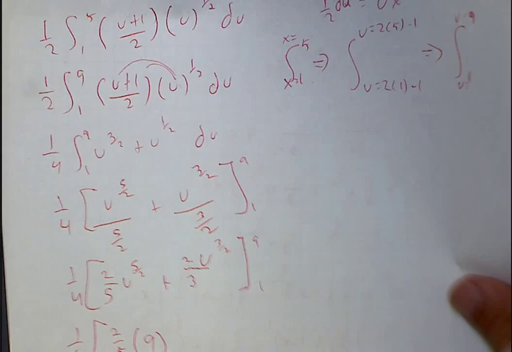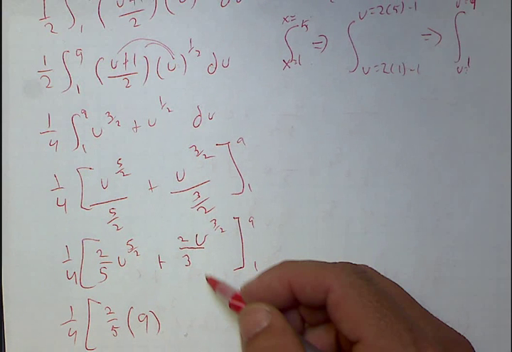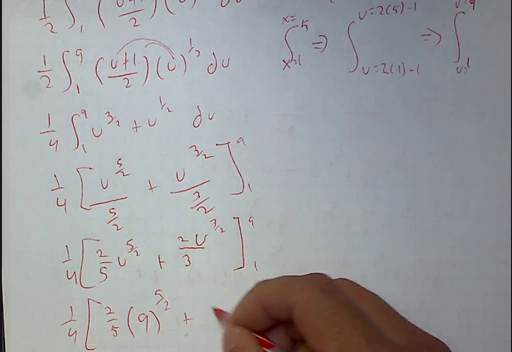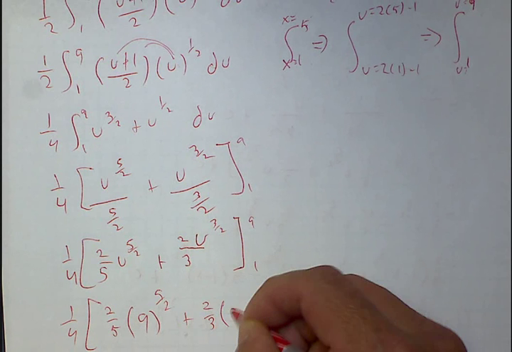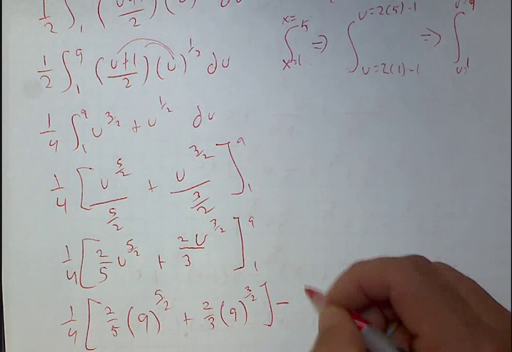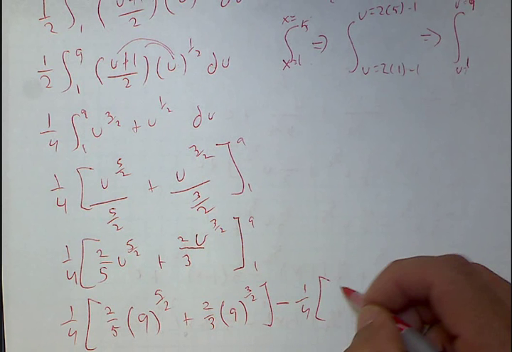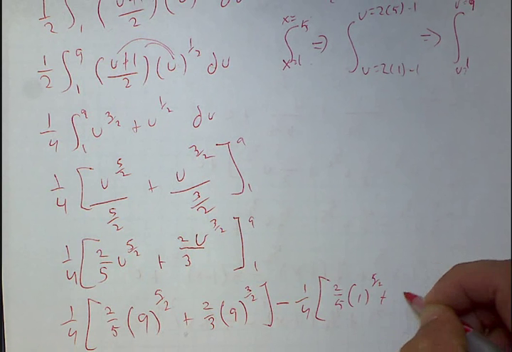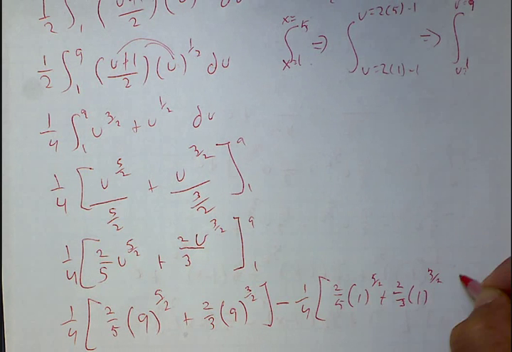Sorry about that. Just making sure I didn't screw anything up. Okay. So 2/5 times 9 to the 5/2 plus 2/3 times 9 to the 3/2 minus 1/4 times 2/5 of 1 to the 5/2 plus 2/3 times 1 to the 3/2.